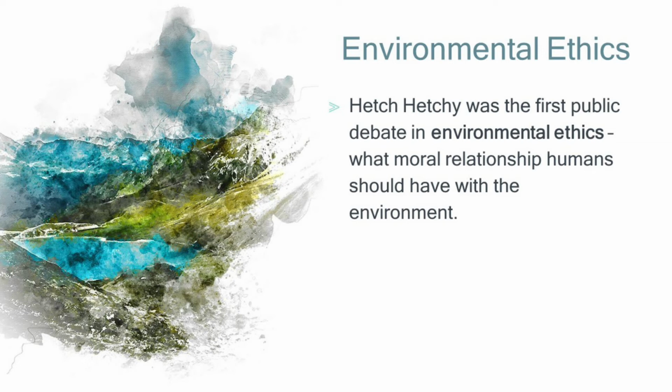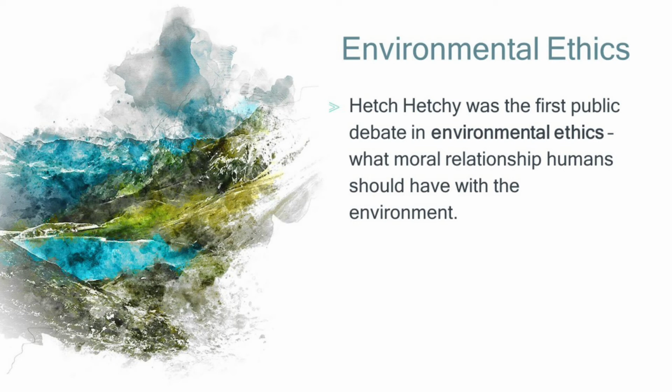The environmental ethics, or the debate on environmental ethics, is about what moral relationships humans should have with the environment. So there's always a conflicting issue on the development and preservation of our natural environment.